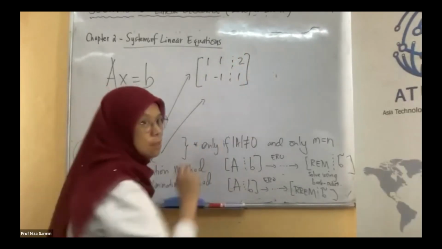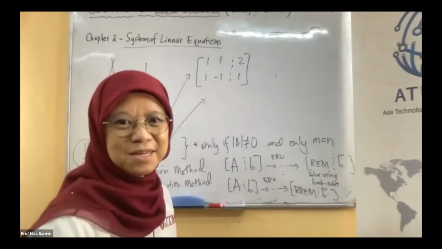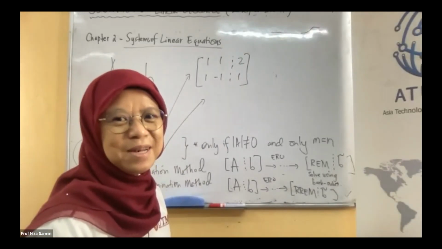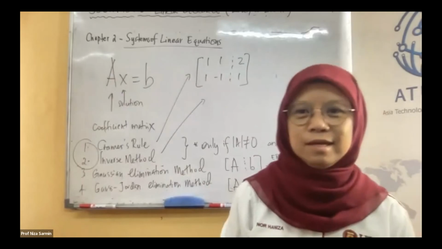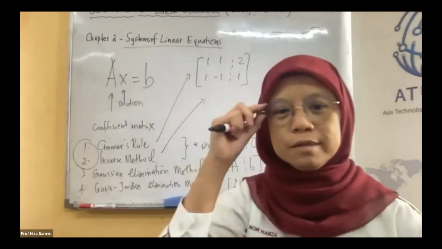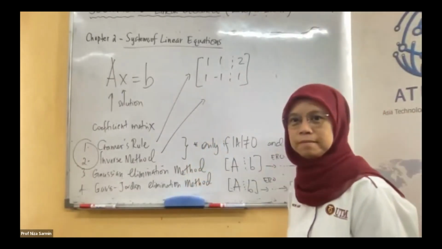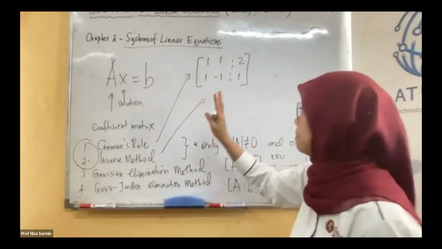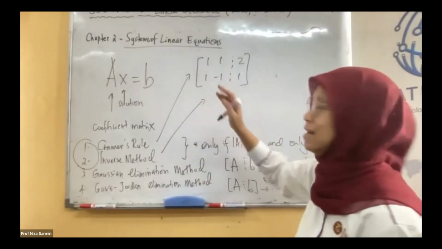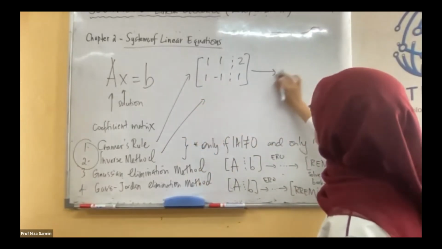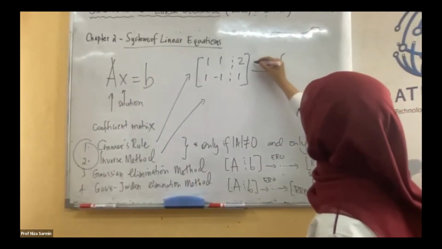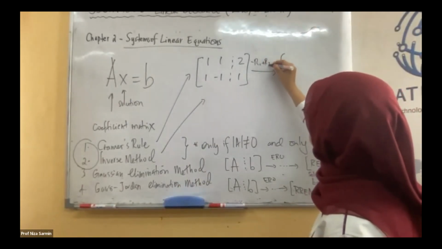Betul tak ni tadi? Is that the right matrix just now? Saya dah padam pula. Yes? Nabila? Yeah? Okay. Right? So reduce, yeah? So I get negative row 1 plus row 2.